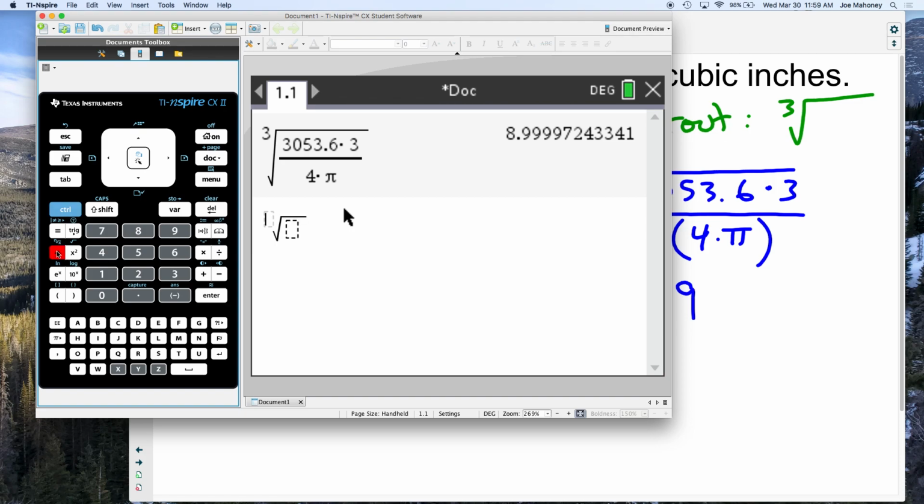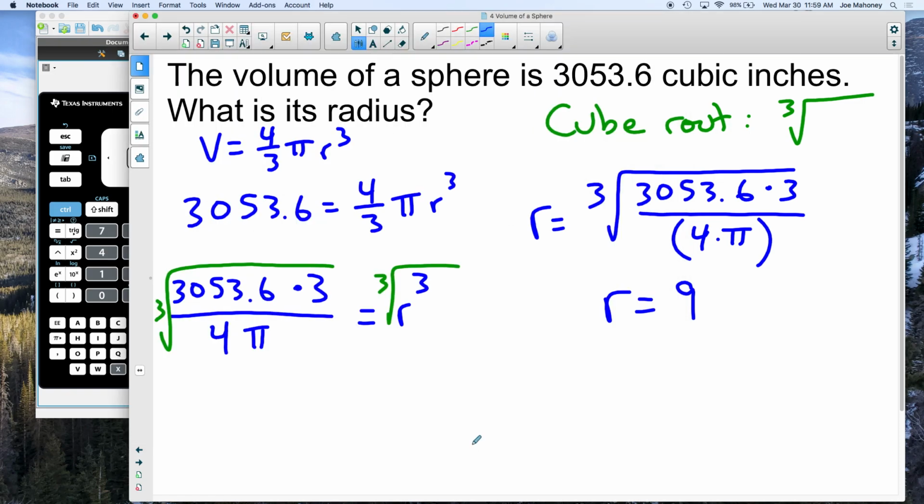If I did the cube root of 3053.6, let's do times 3 divided by 4 pi, watch this. It gives me a completely different answer. Notice it took the pi and multiplied it. Either put it in the denominator or put parentheses around it to make sure that we get it right.